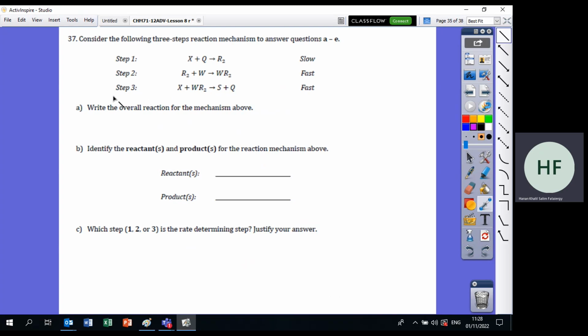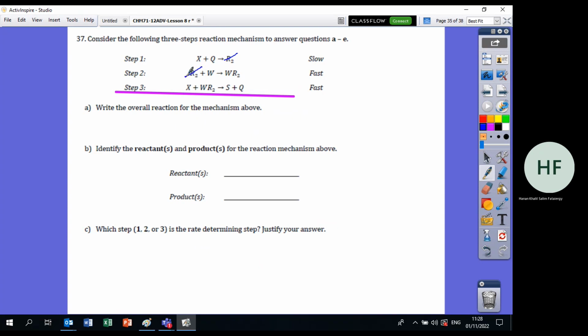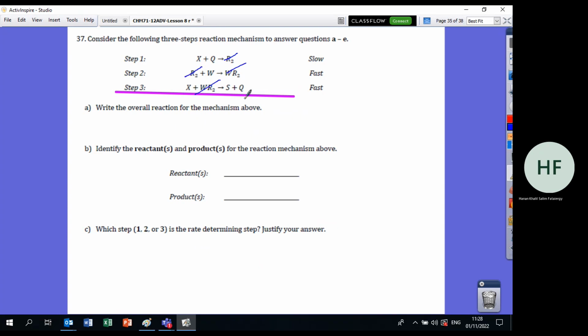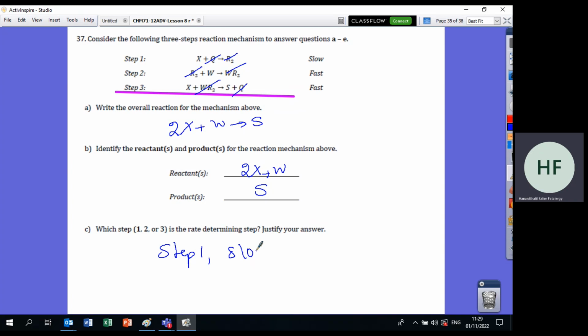Okay, yalla, pause the video and answer. Okay, Q is catalyst, R2 is intermediate, WR2 is also intermediate.